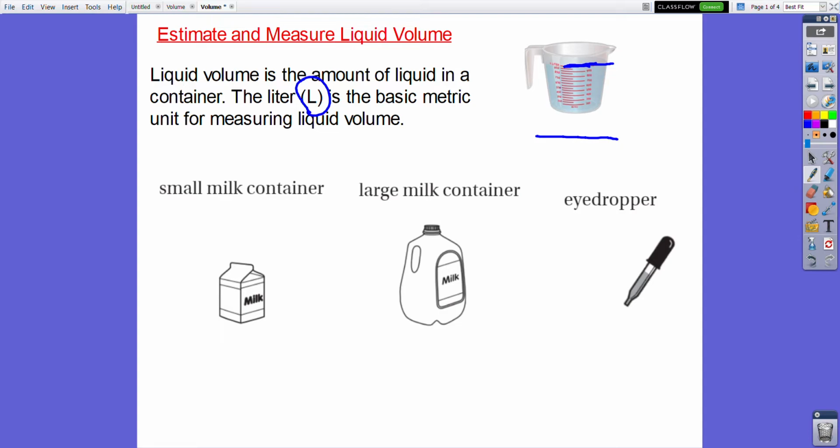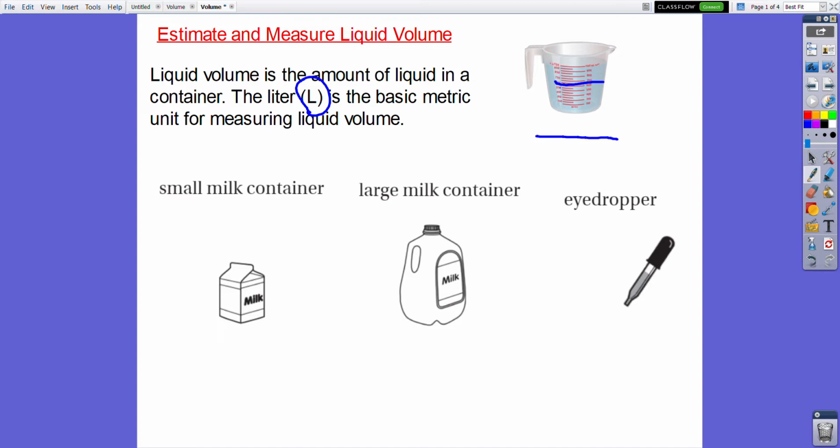Sometimes I will not fill this beaker with water. Maybe I'm going to fill half of it. I will not fill the whole beaker. So how can I measure the volume here? I will say I have less than 1 liter, because here I will estimate.